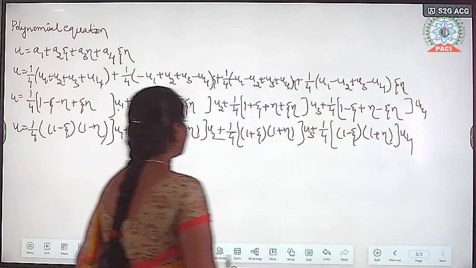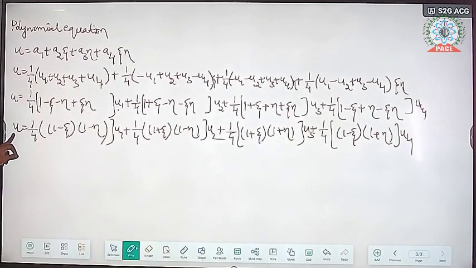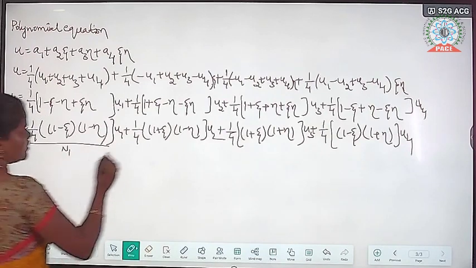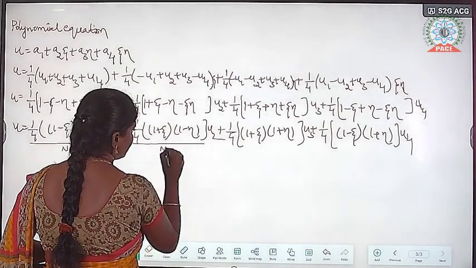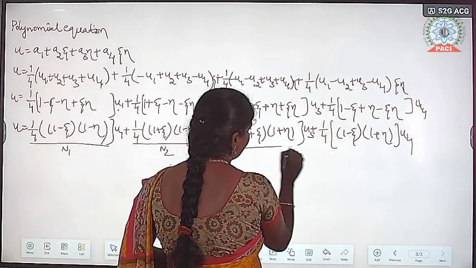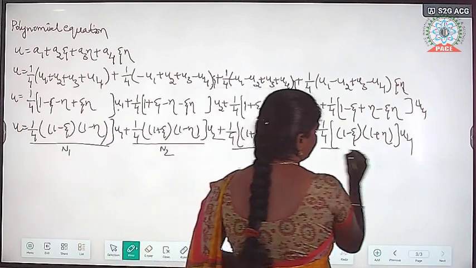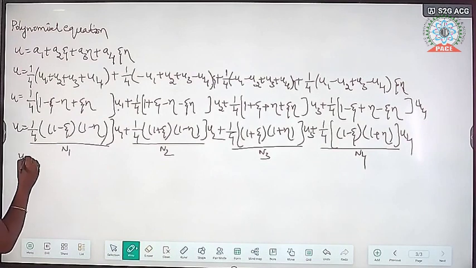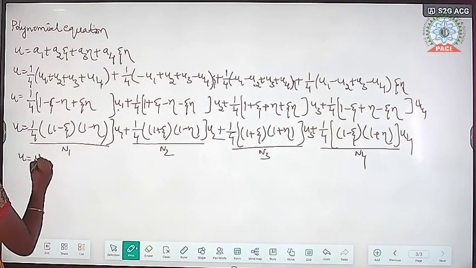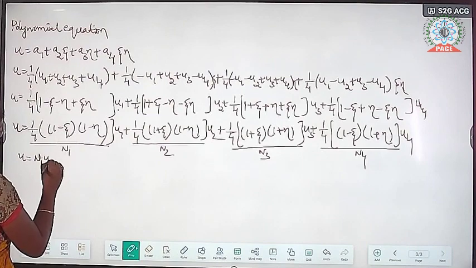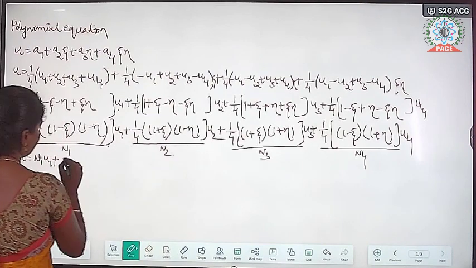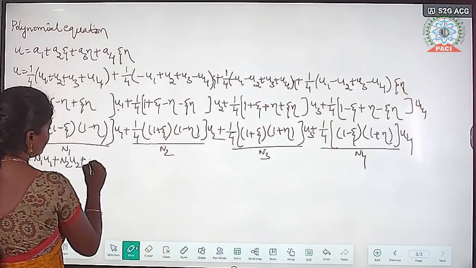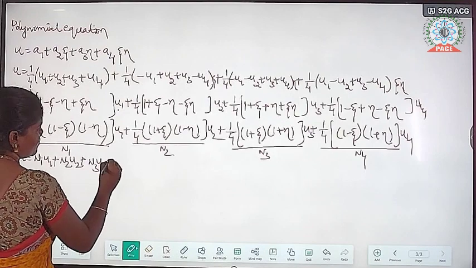So here u is equal to, this first coefficient will be taken as N1, this as N2, here N3, and this one is N4. From this we can get u is equal to N1 into u1 plus N2 into u2 plus N3 into u3 plus N4 into u4.